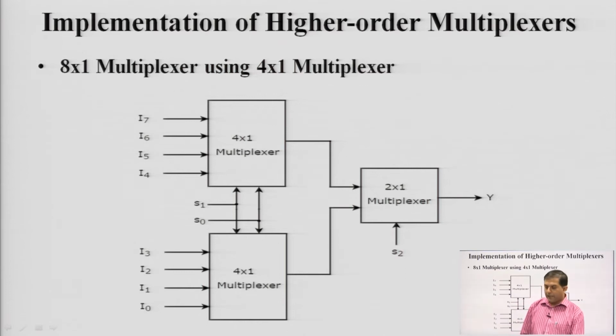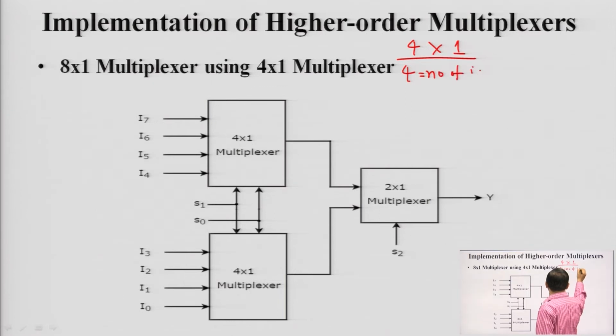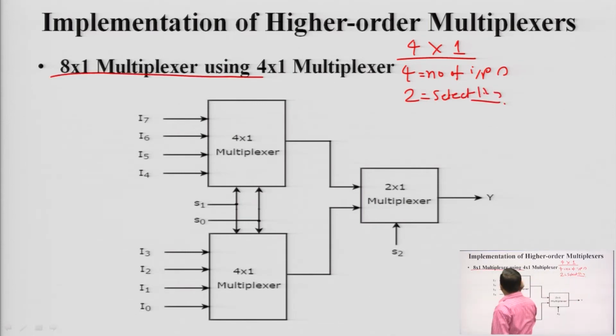Now, sometimes they can ask you for the implementation of a higher order multiplexer using lower order multiplexers. Already we have discussed the 4 cross 1 multiplexer. In 4 cross 1 the number of inputs is 4 and there are 2 select lines. Now we have to implement an 8 cross 1 multiplexer.